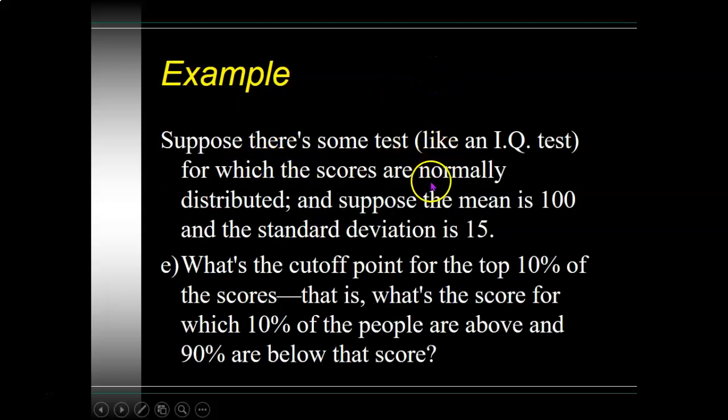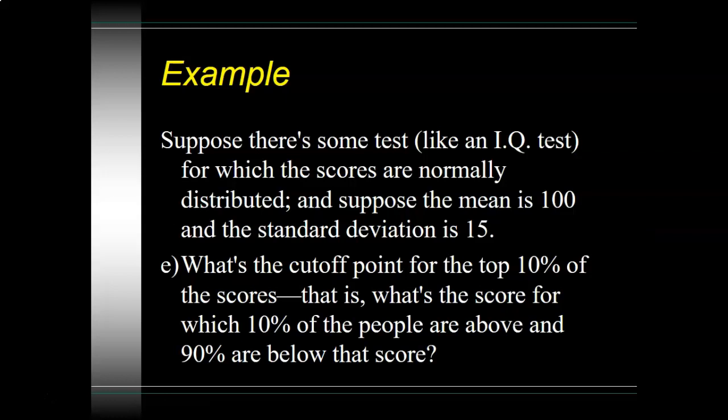So we're back with our test where the scores are normally distributed, the mean is 100, the standard deviation is 15. Now the question is, what's the cutoff point for the top 10% of the scores? That is, what's the score for which 10% of the people are above, and that would mean the other 90% are below that score.